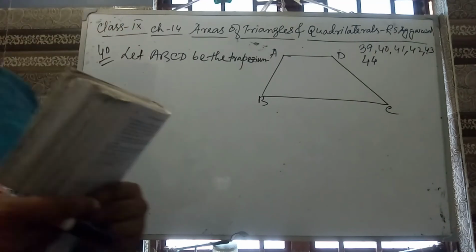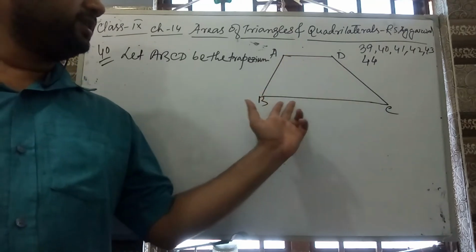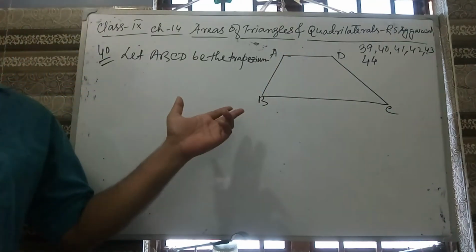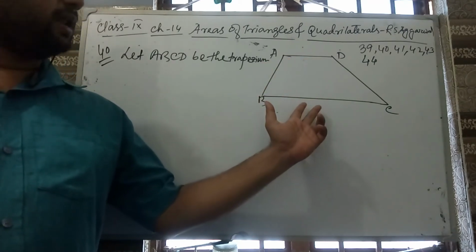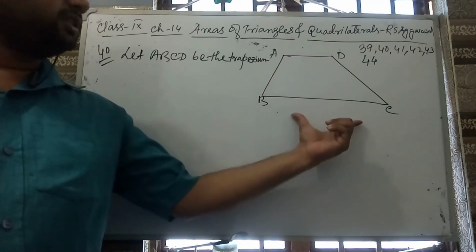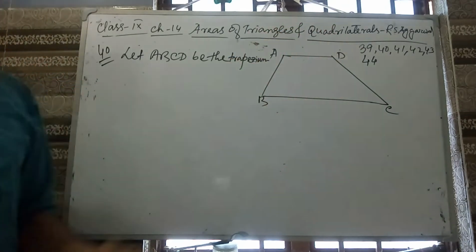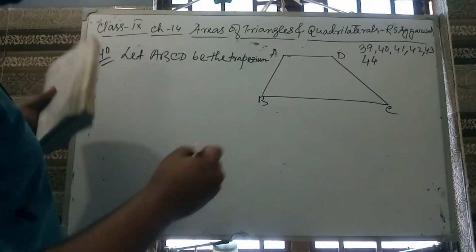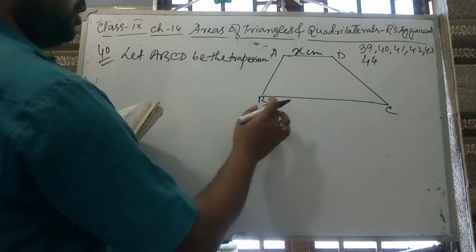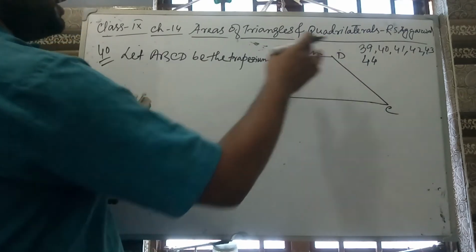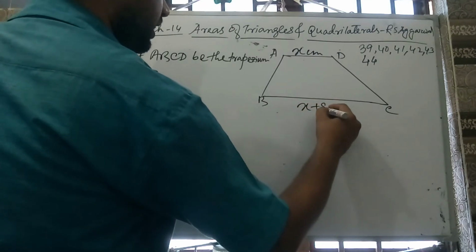That means if one parallel side, AD and BC, these two are parallel to each other, if one side is x, another will be x plus 8. Or if you consider this one x, it will be x minus 8. So we are considering AD as x centimeter. BC is longer than AD according to the figure. So it will be x plus 8 centimeter.